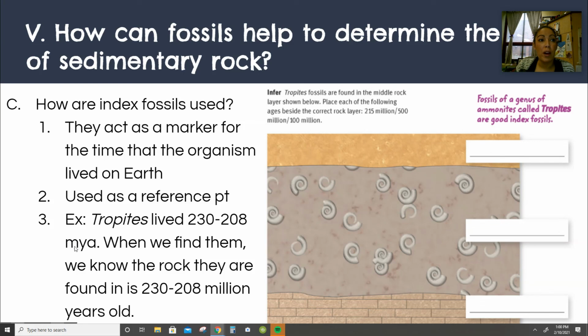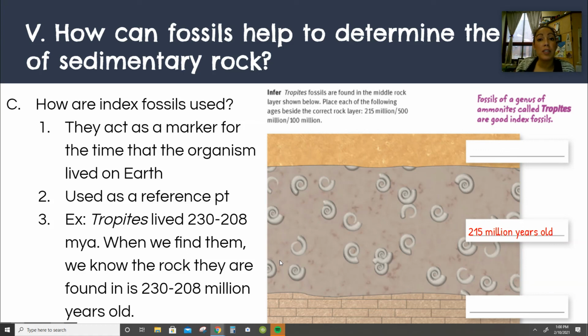That's what this MYA stands for, millions of years ago. So when I find them, then I know that's when my rock layer formed. So that's what I'm going to mark my layer where I find them.